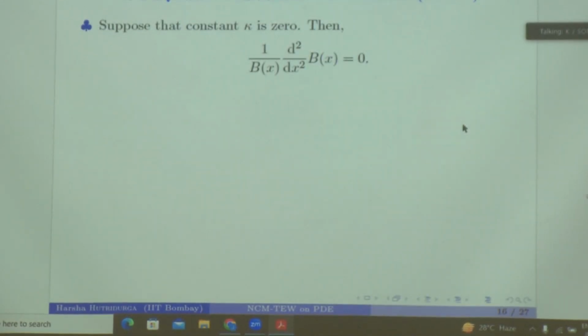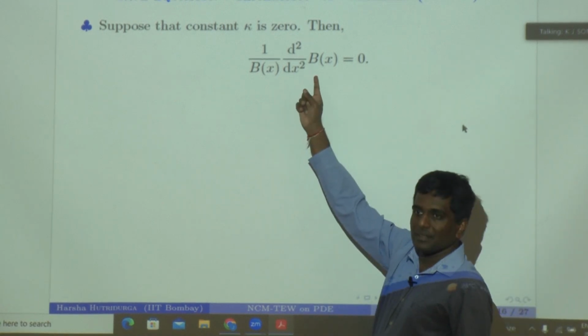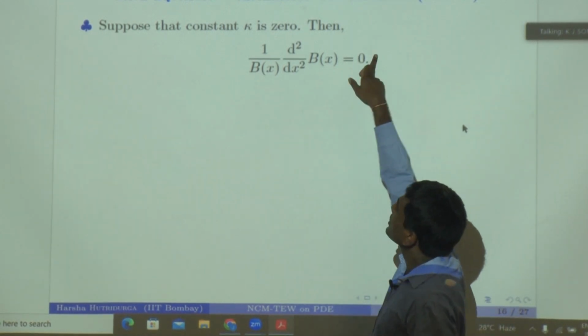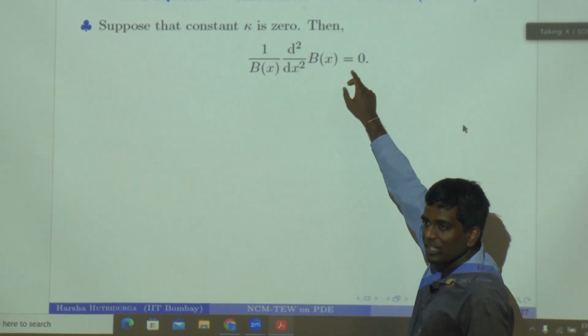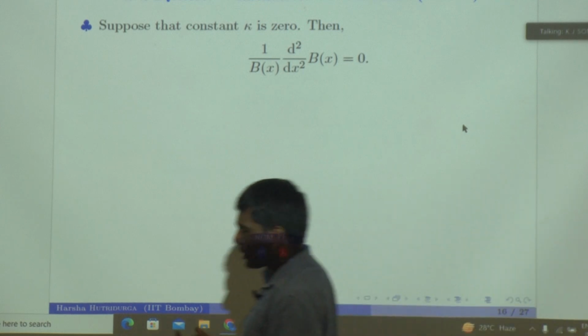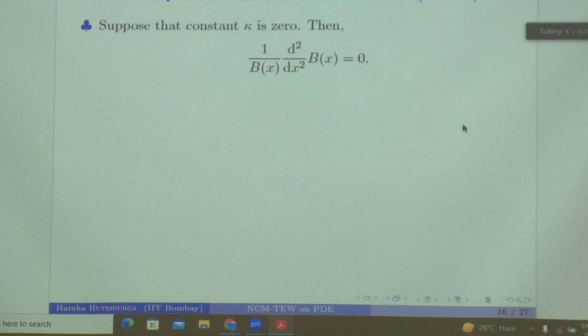Can that constant be 0, we ask. So one of those ratios is this, and if it is equal to 0, then you can throw b of x to the other side. You are essentially saying that b double prime is equal to 0. And the general solution to this equation, y double prime of x, here we need to recall some things from our ODE days.